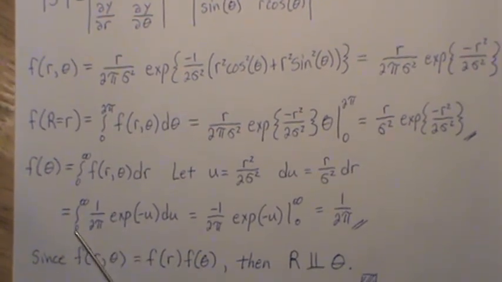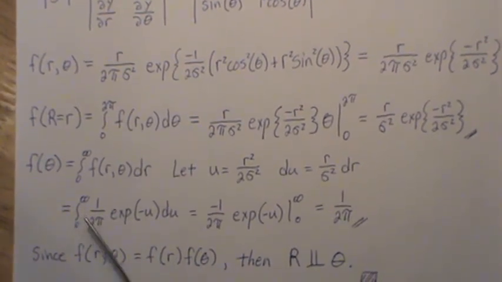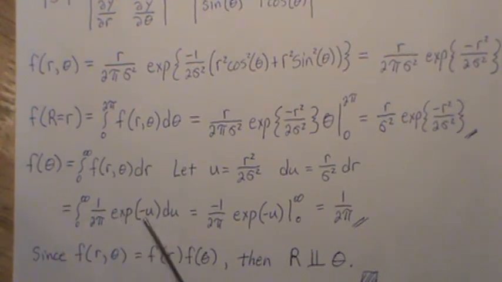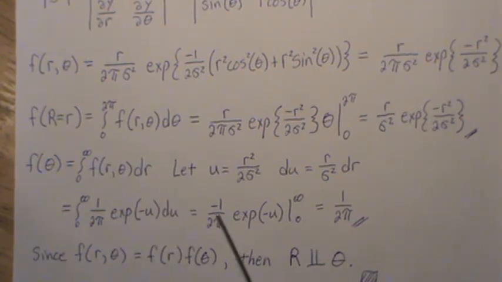Now the limits of integration are still from 0 to infinity, but we get 1 over 2 pi e to the minus u du. So then the antiderivative becomes minus 1 over 2 pi e to the minus u, evaluated at 0 to infinity.